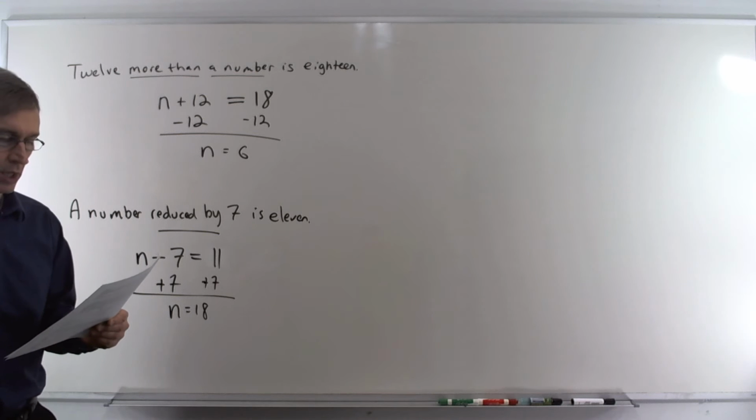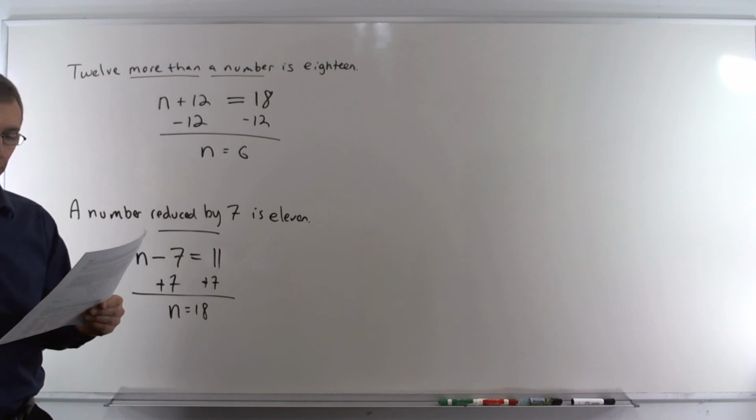Number 2, translate "the sum of 3 and the quotient of a number and 8 is 27," and then solve it.